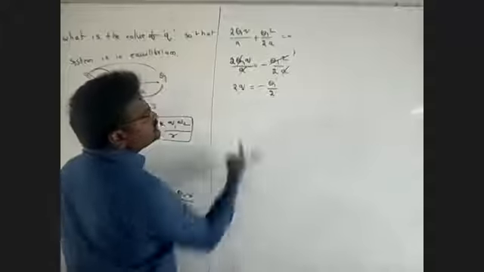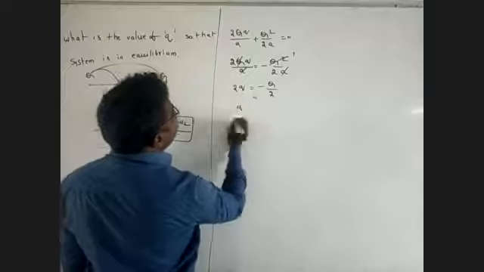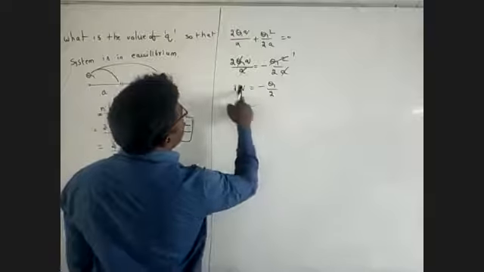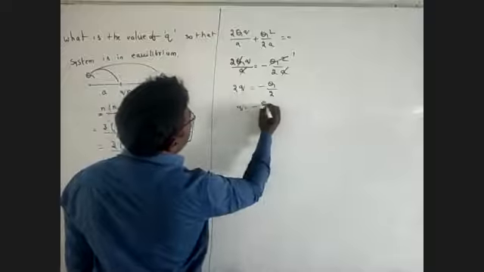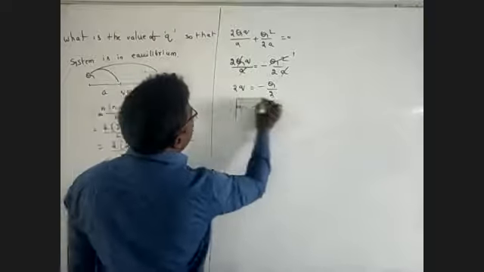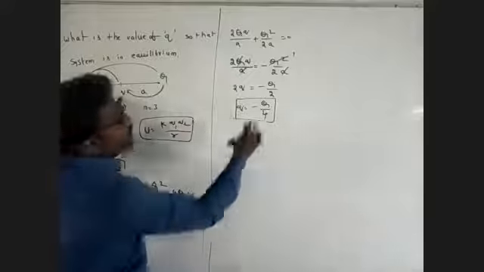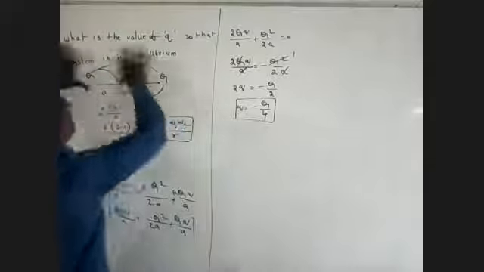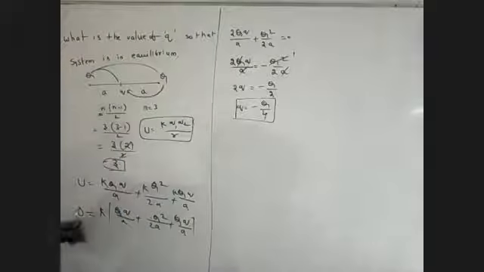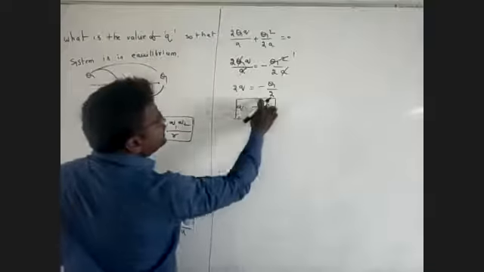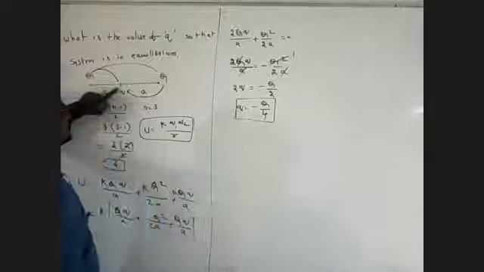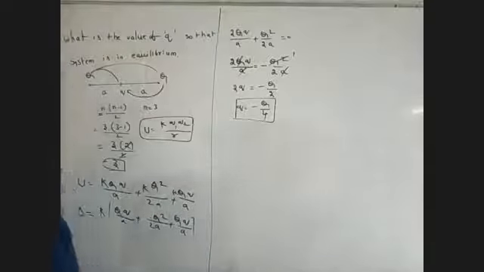Taking 2 to the other side, small q is equal to minus Q by 4. This is the value of q, which means the system is in equilibrium position. So q is equal to minus Q by 4 and the system is in equilibrium.